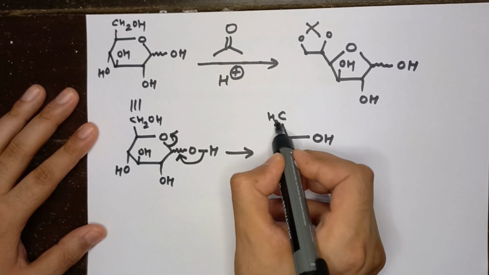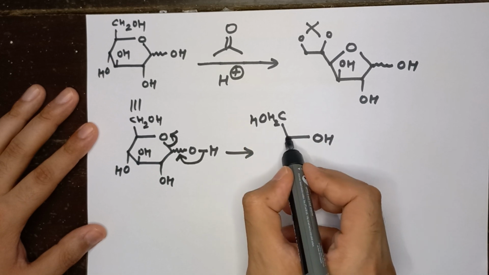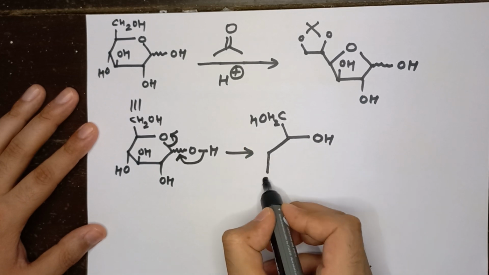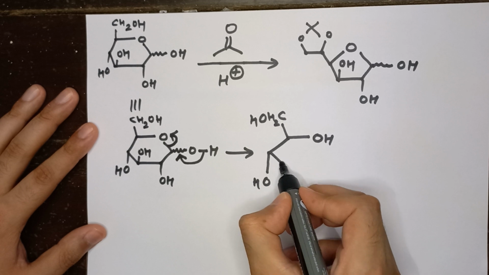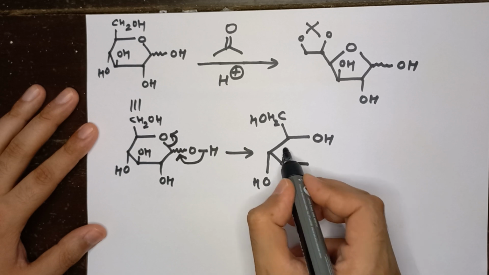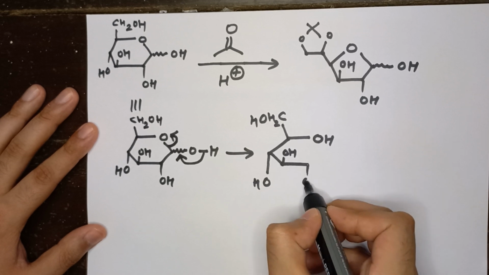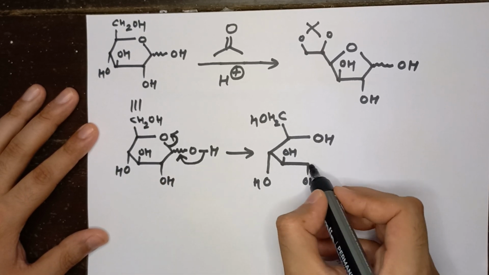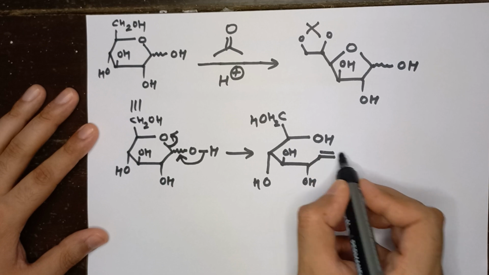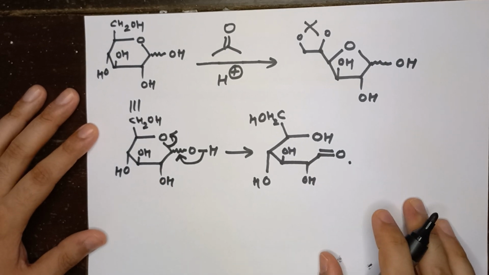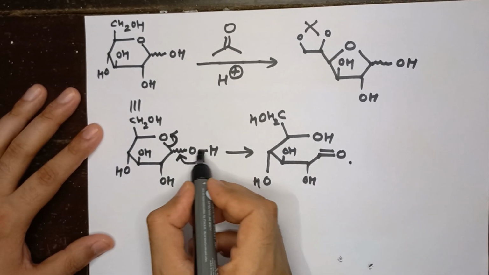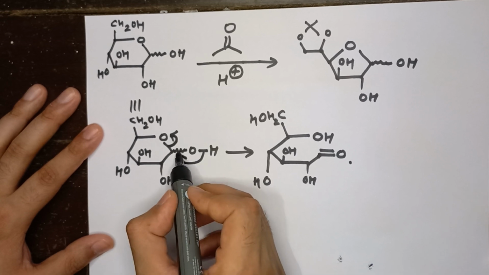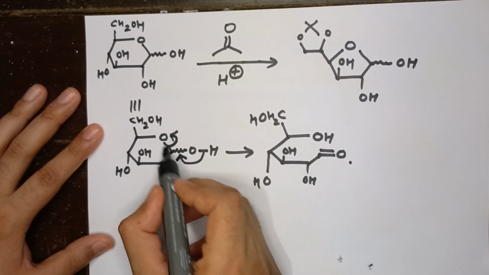OH, CH2OH, the rest will be the same. OH, OH, and here we have generated a carbonyl carbon. So what I did, I broke this bond, formed a double bond here, and broke this CO bond.